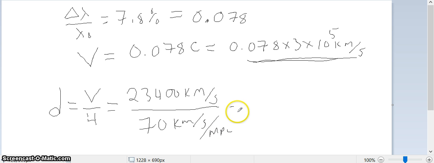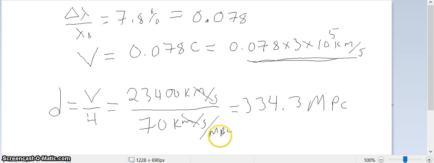The answer comes out to be, of course, the kilometers per second cancel in the numerator and the denominator, and the megaparsecs come up to the numerator. So it comes out to be 334.3 megaparsecs. Now we're going to change that into light years.